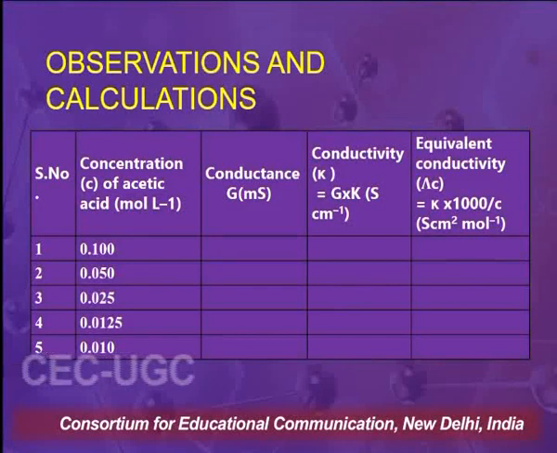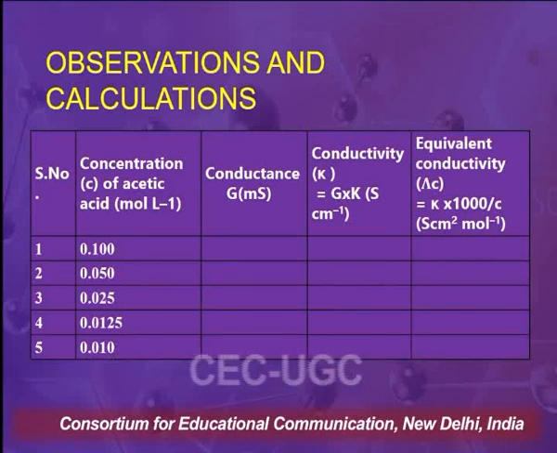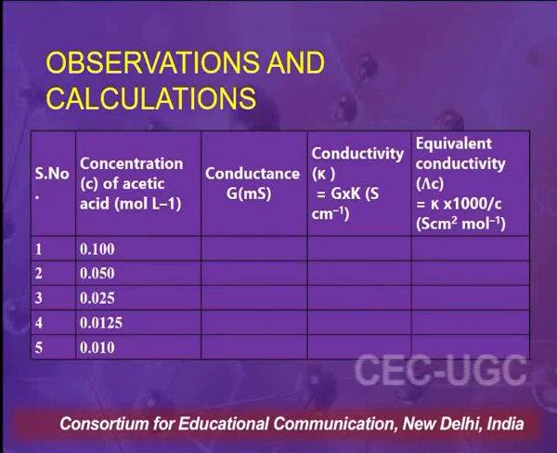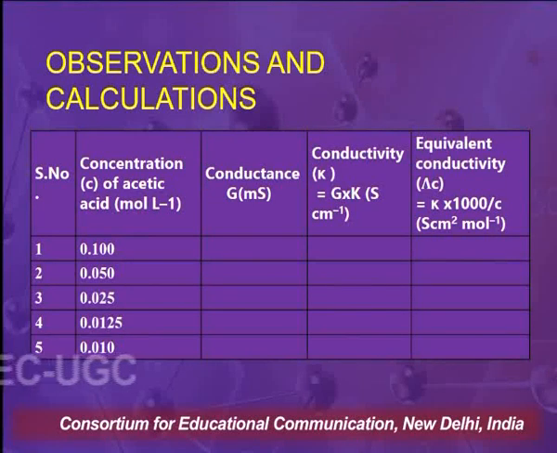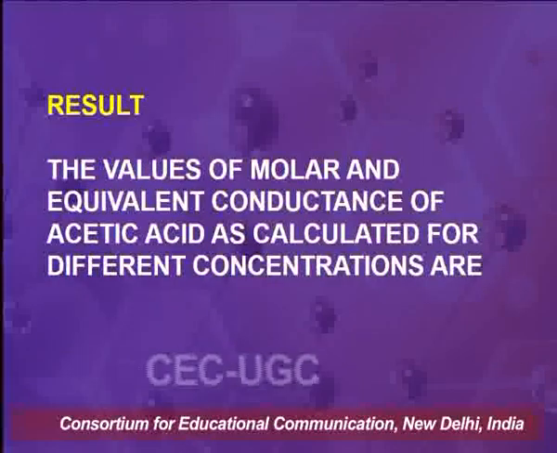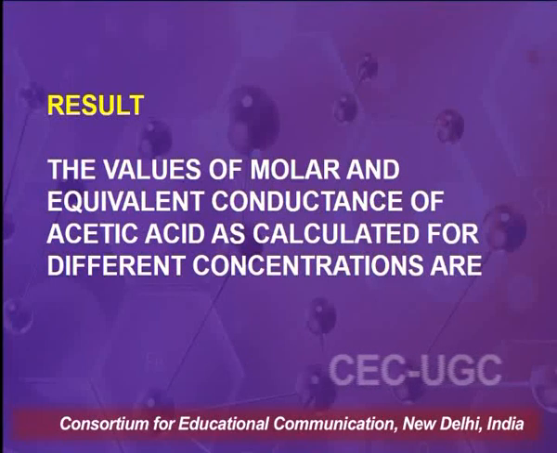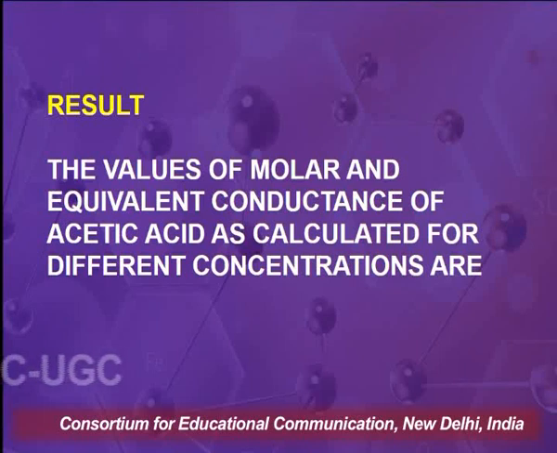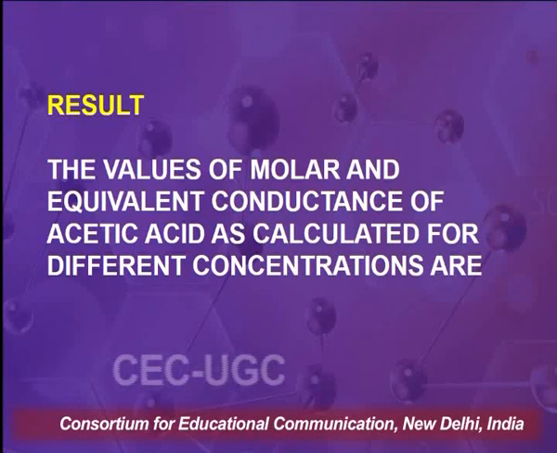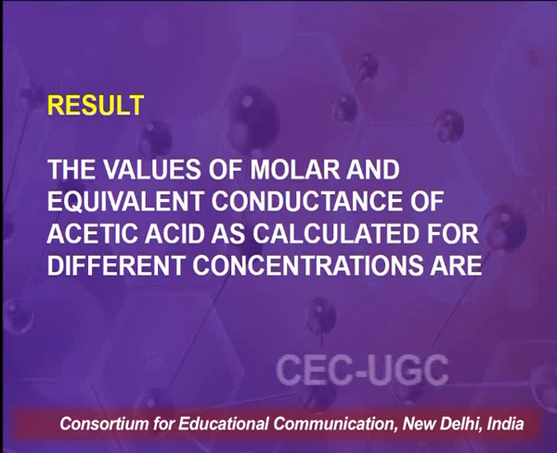The conductivity kappa is G into cell constant, and equivalent conductivity lambda C can be calculated, which is equal to 1000 kappa by C. Result: the values of molar and equivalent conductance of acetic acid for different concentrations are to be noted according to this table.